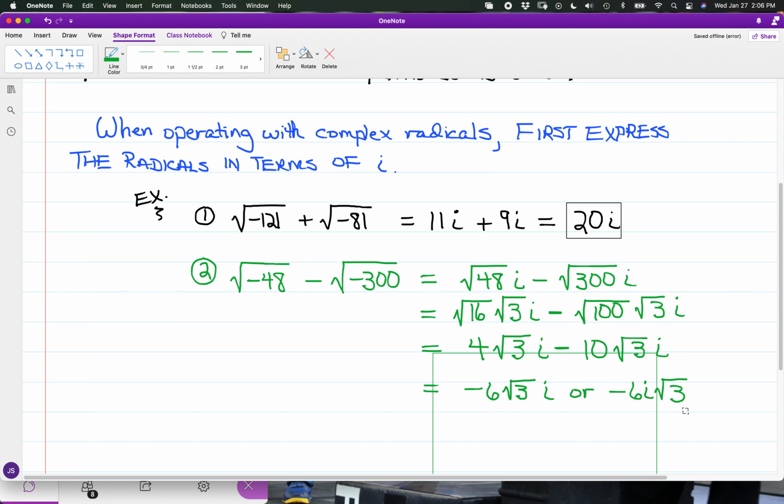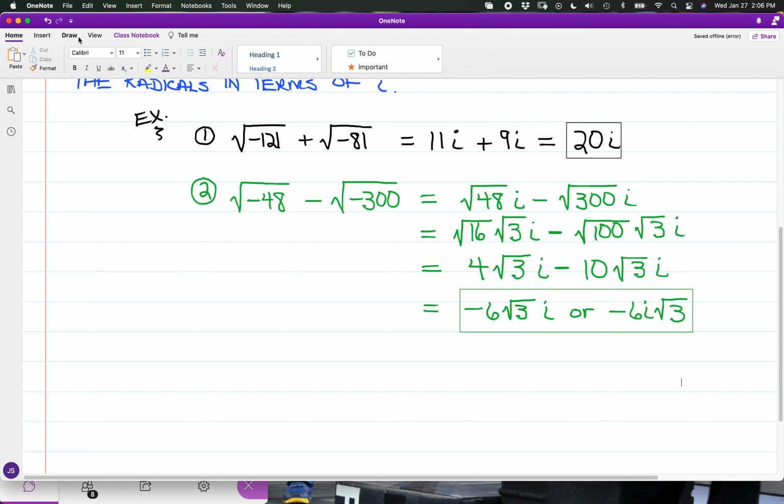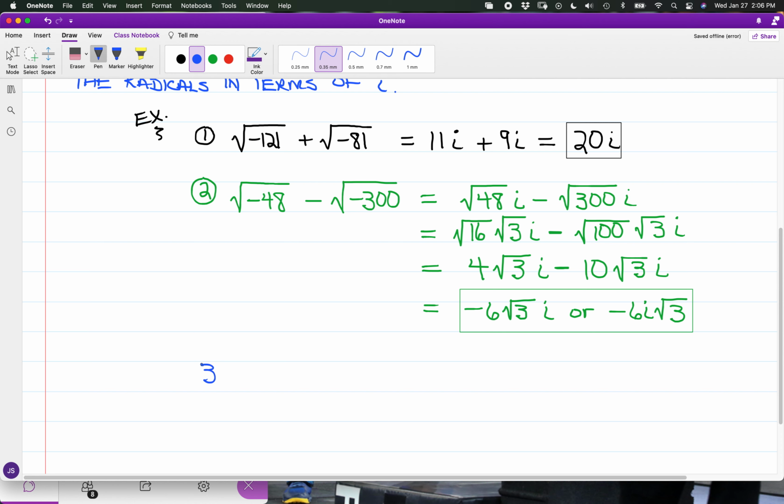Now, in the case of what we have among our other operations in arithmetic in the complex numbers, in terms of adding and subtracting, it's not difficult to remember to rewrite in terms of the letter i.